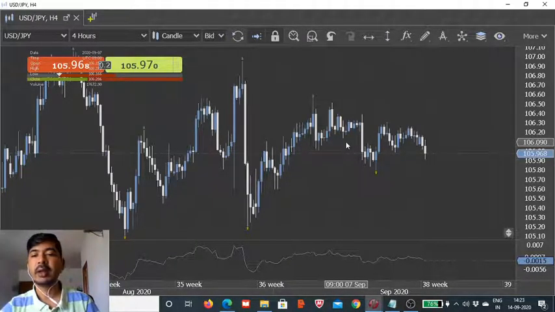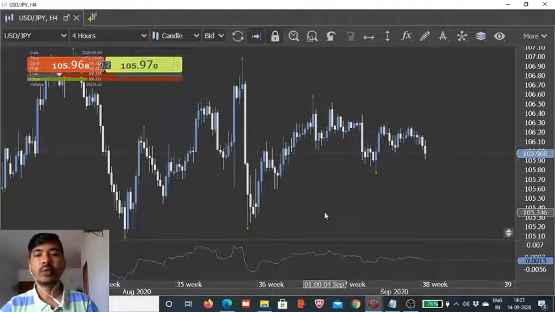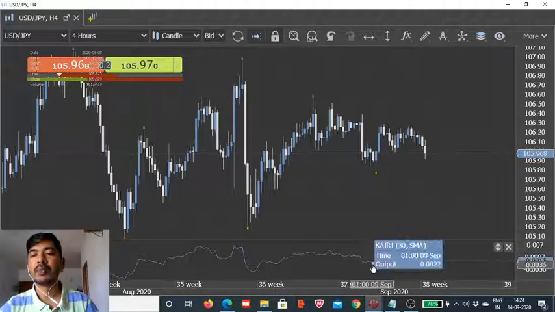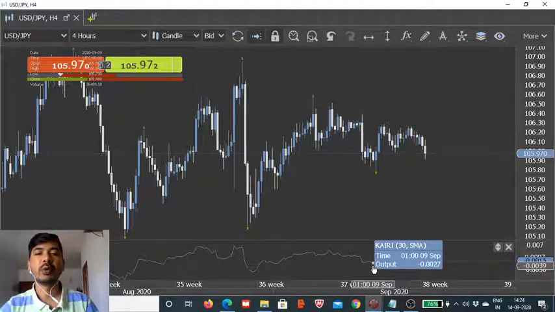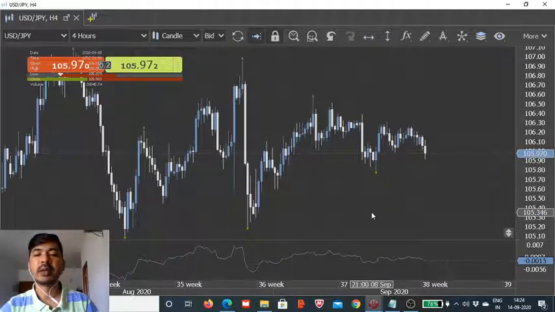You can say that earlier it was used to find overbought and oversold scenarios, but I believe more in trading with the trend. So one base case scenario is that you can look for the crossover of these values above 0 and below 0, and use that situation to initiate trades in the direction of the trend.